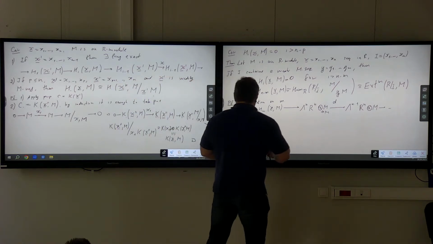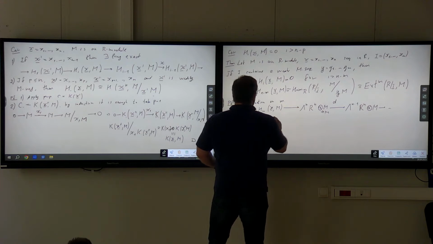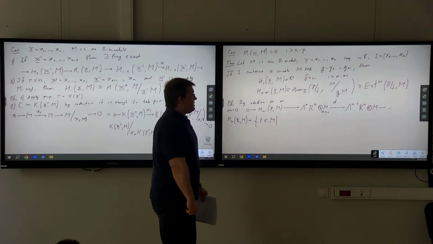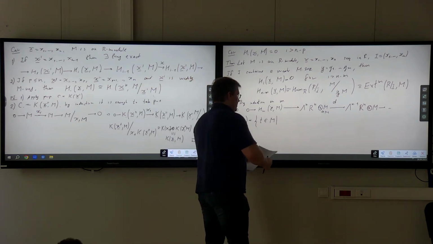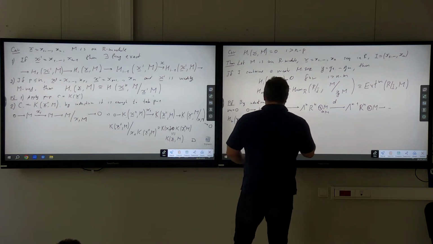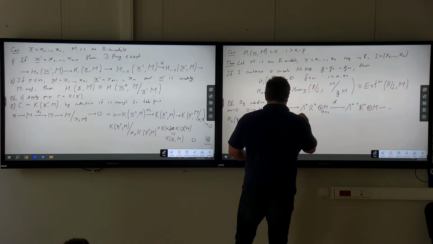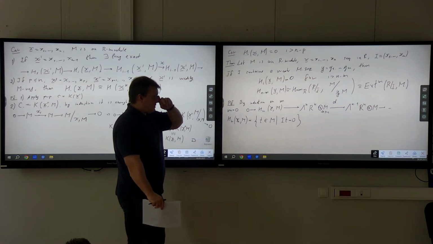So this will be elements, say t, in the module M, such that the differential of this t has to be 0. But I claim that this condition that the differential has to be 0 can be written in the following way. It is 0. Right? So I is an ideal generated by all these x's.